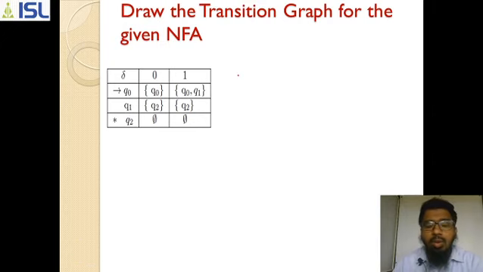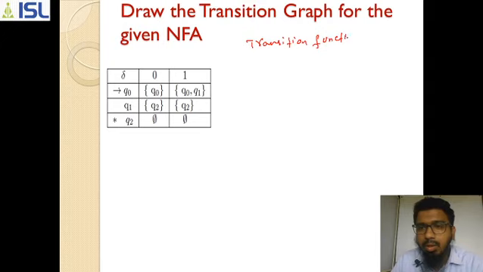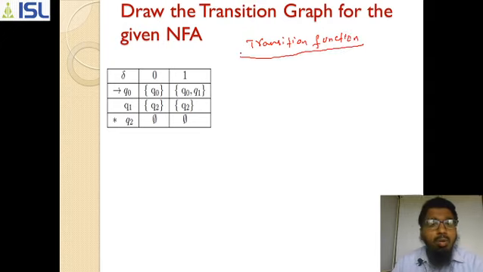Now with the pen we will draw the transition function. While seeing this we need to make a transition function. What is the formula for the transition function?